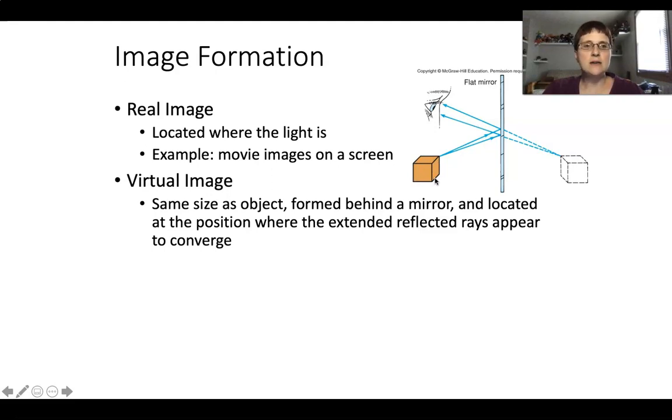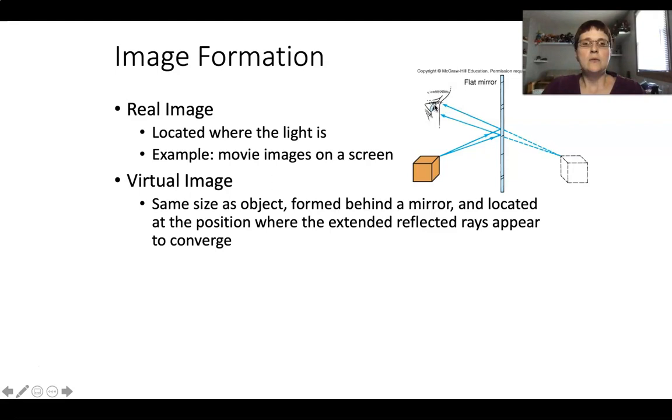We've got this box sitting in front of the mirror on your side, right? So the light rays come and hit the box, and they hit the mirror off of the box. So they're bouncing to the mirror. Because of the law of reflection, those rays are going to hit your eyes at exactly the same angle, just in the opposite direction.